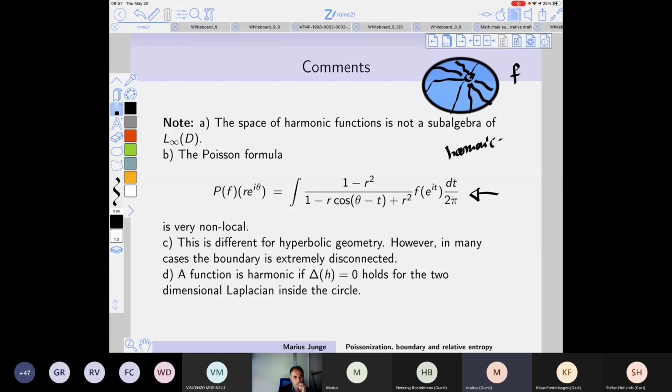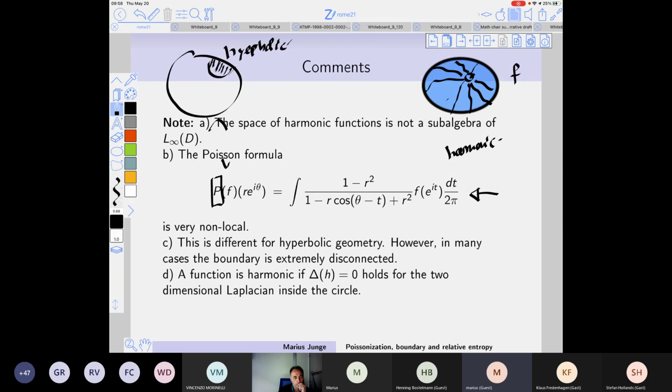If you change the metric, then the function close to the boundary really only depends on these values. That would be a local picture, but this Poisson kernel does not correspond to this formula; it corresponds to that formula. So this would be a hyperbolic picture, and that is the more standard Euclidean picture.